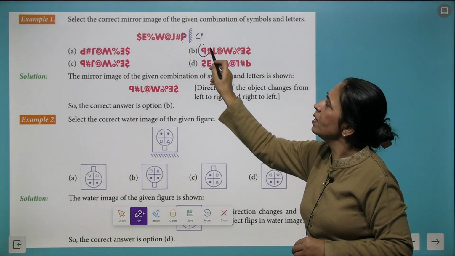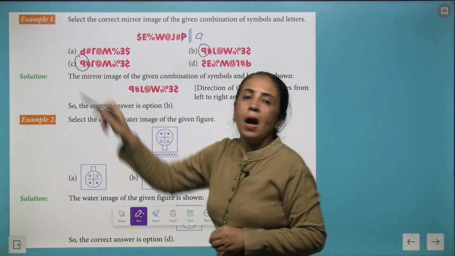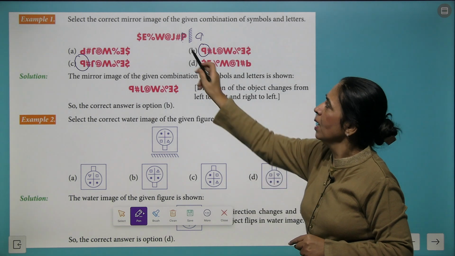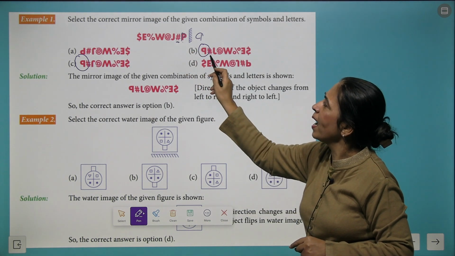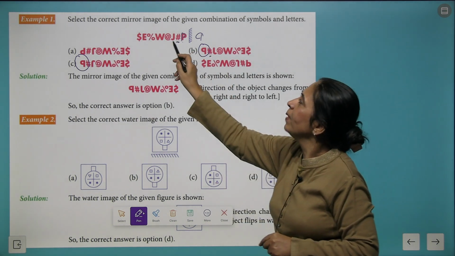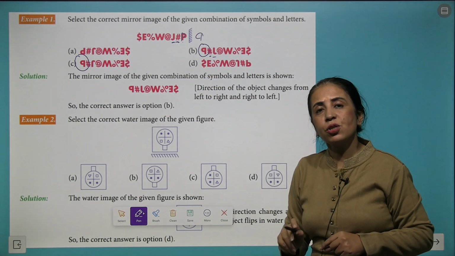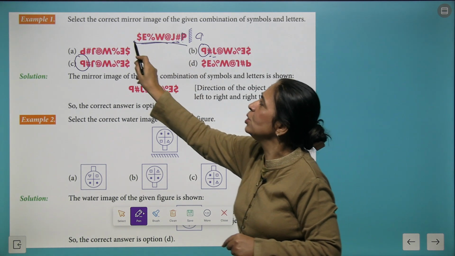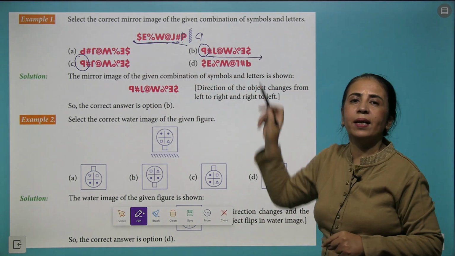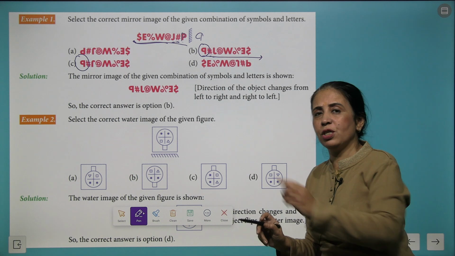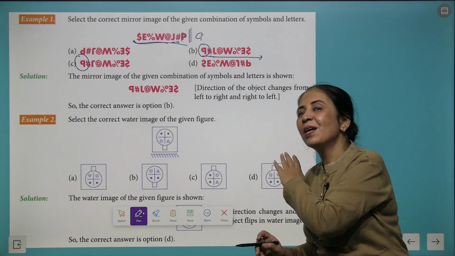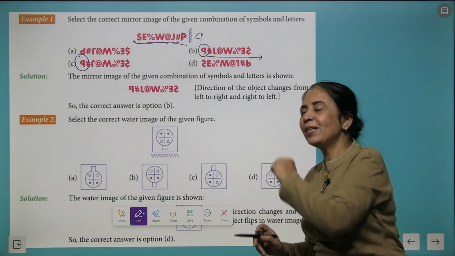So we have this P and this P. Out of B and C, now you have to choose the right option. Look at this hashtag. It comes like this. Then we have J getting laterally inverted, and moving from right to left, here we get the same combination from left to right. So we get B as the right option.